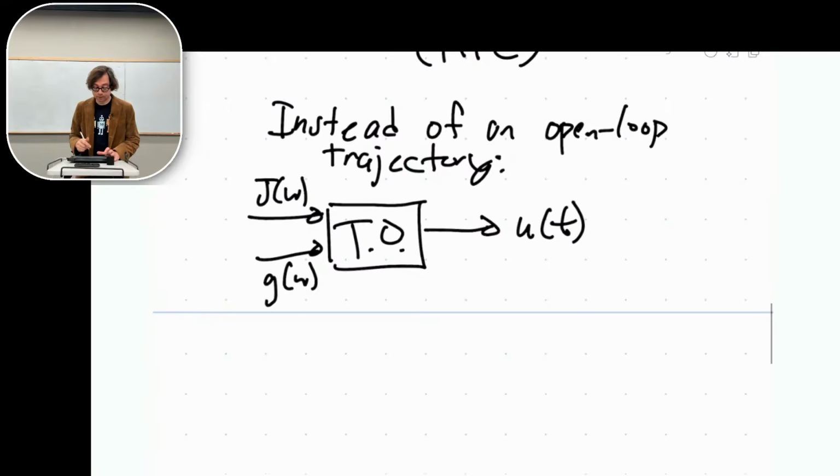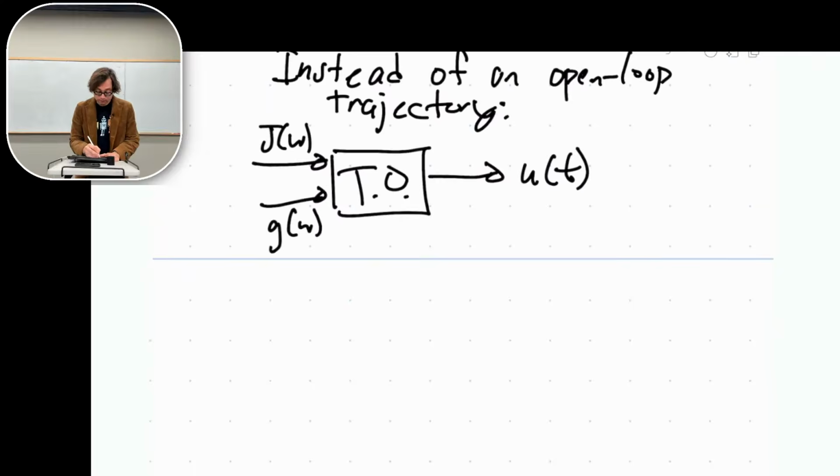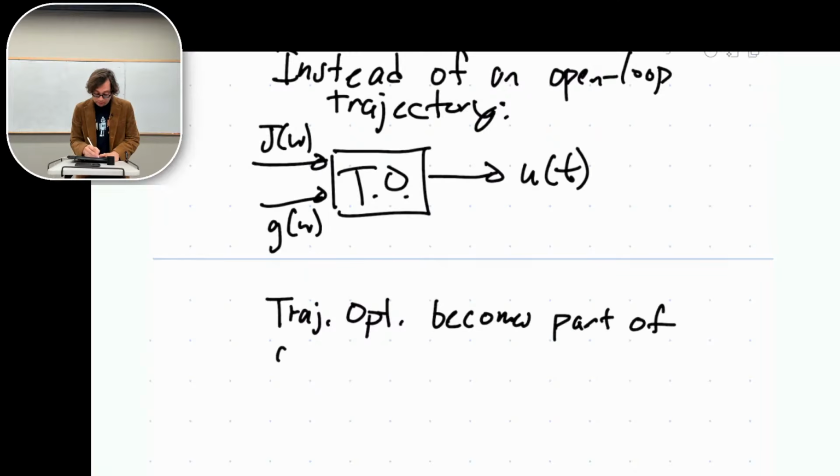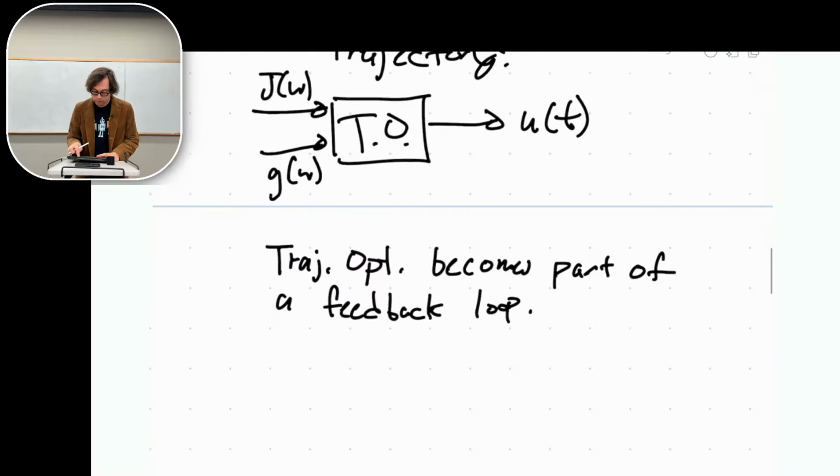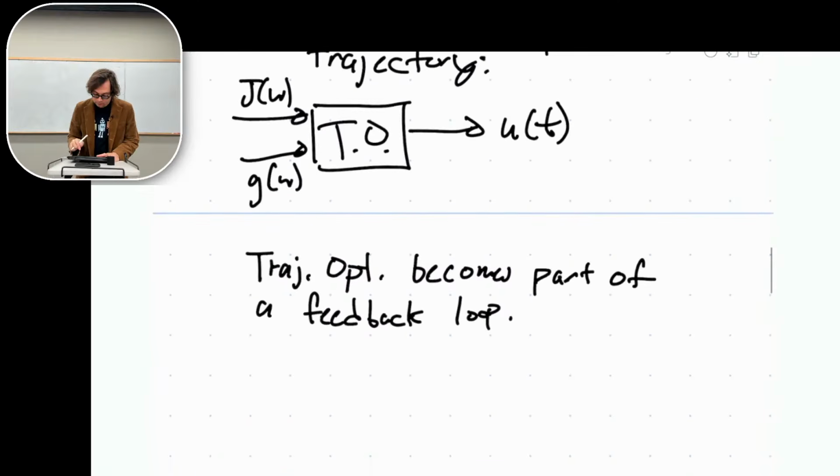Okay? Trajectory optimization, traj-opt, becomes part of a feedback loop. Okay? So it'll be closed loop.